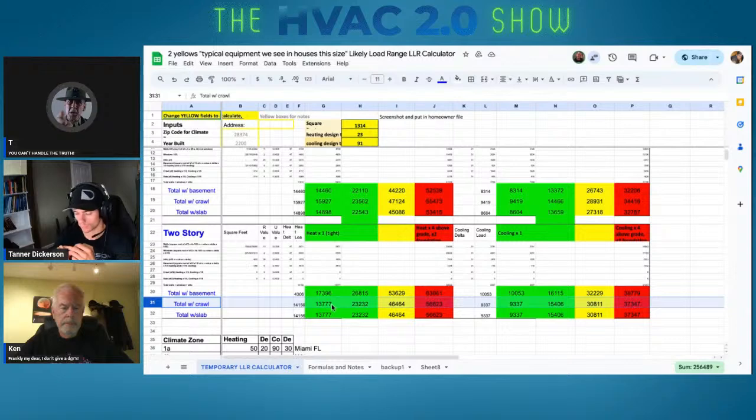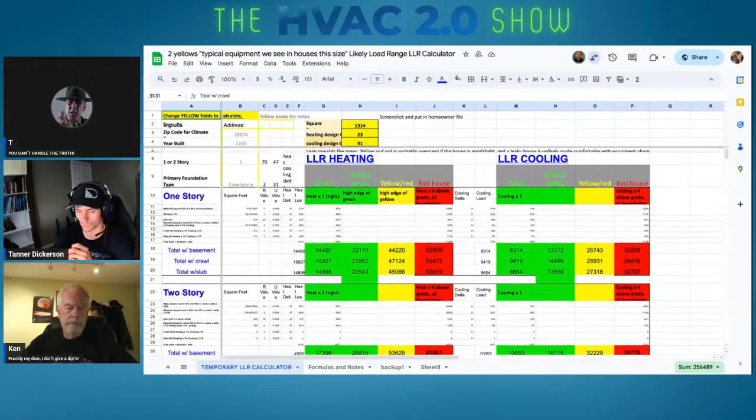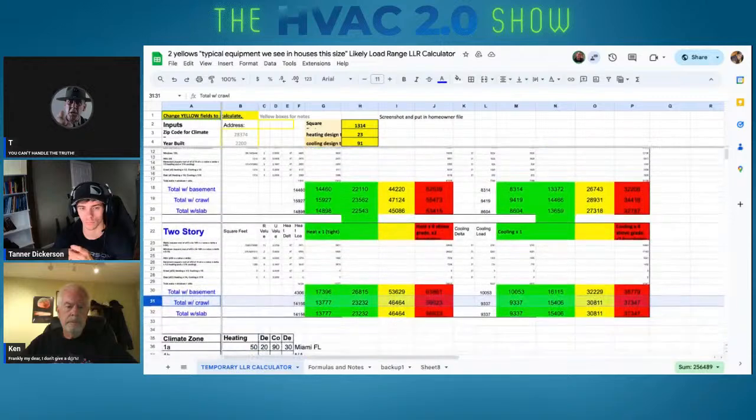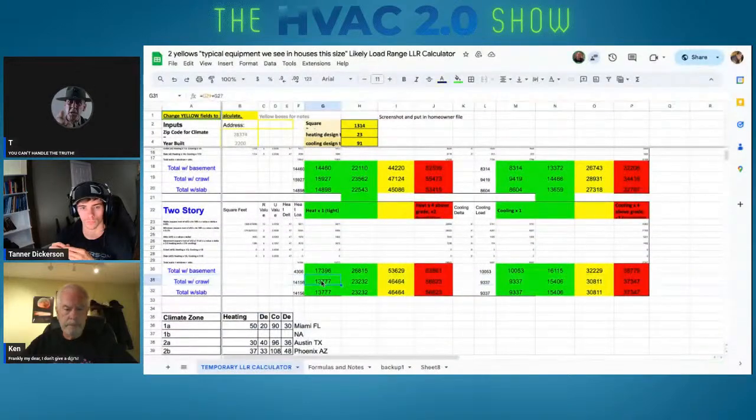And then you go across and you're looking at this 1,300 square foot. Your likely load range for heating is in the green between 13 and 23,000 BTU.